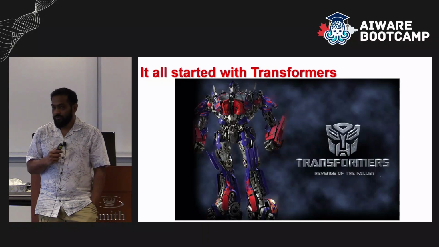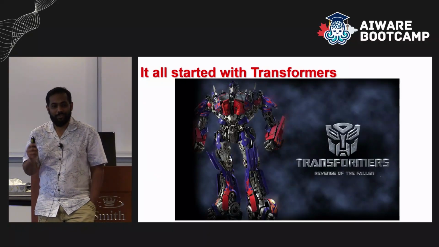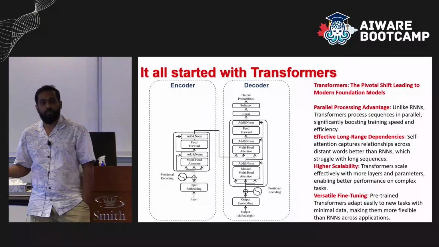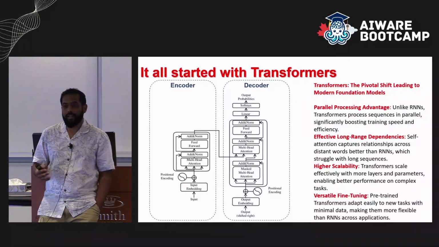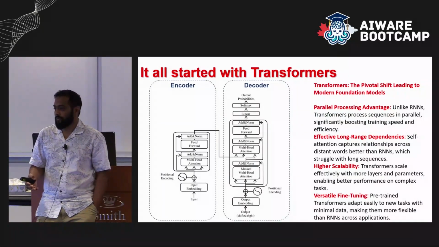So it all started with transformers. Transformers were a pivotal shift that led into the modern foundation models. Before transformers, RNNs were used for similar tasks of sequence prediction, but they had some issues.